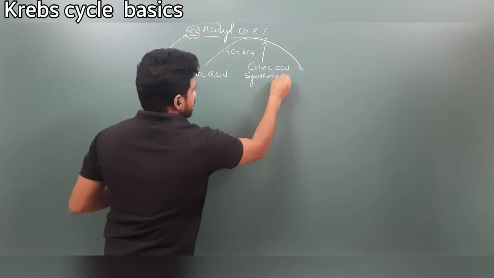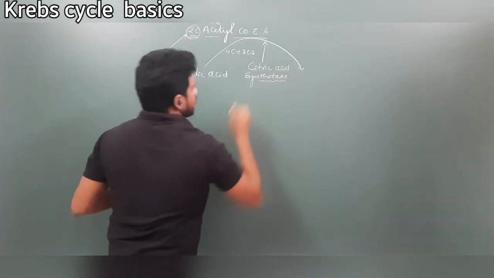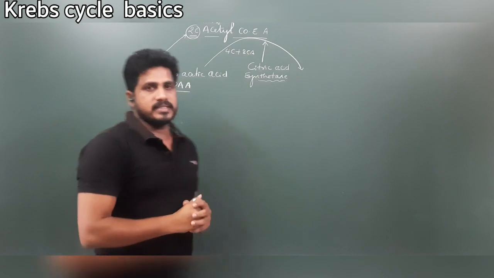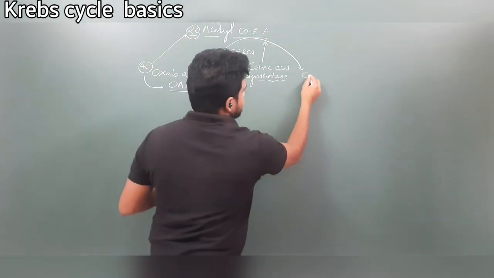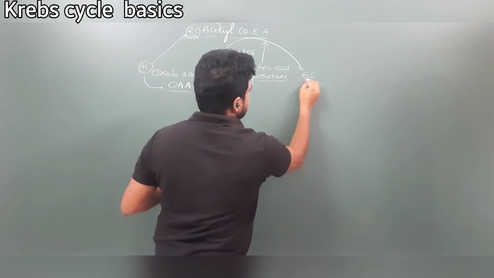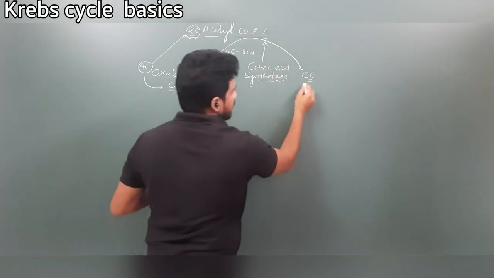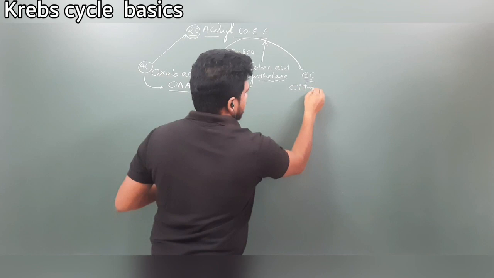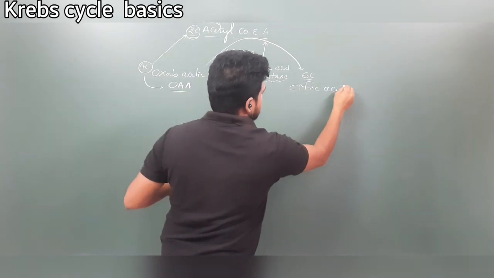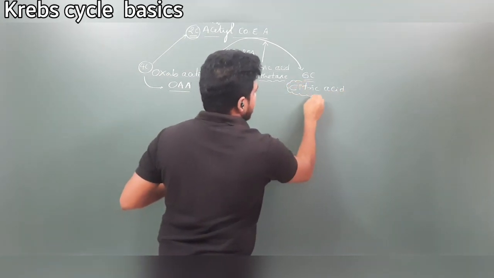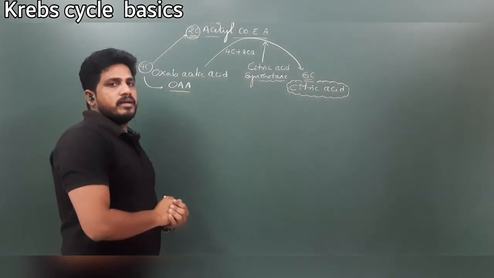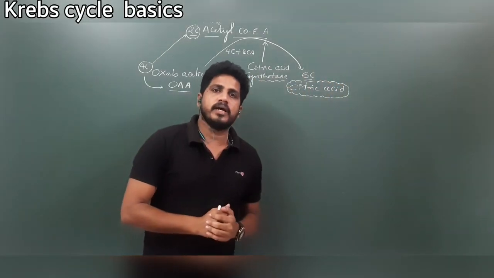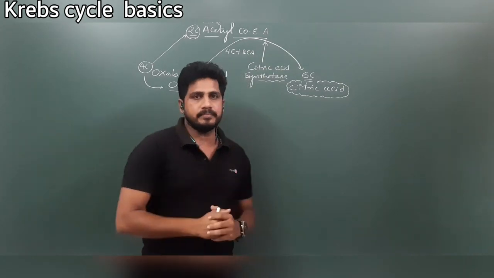This is a 6 carbon component, 2 plus 4. So the first formed component in the Krebs cycle is citric acid. That's why the Krebs cycle is also known as the citric acid cycle.